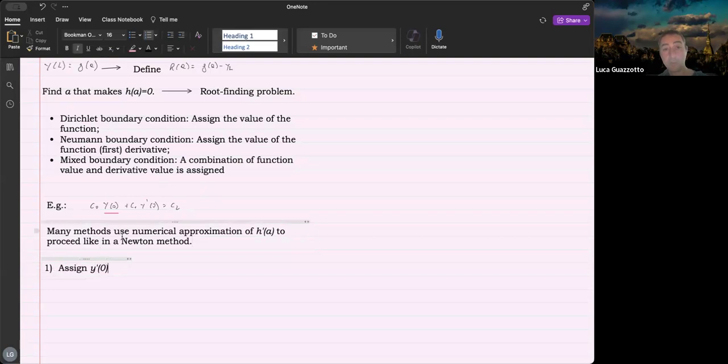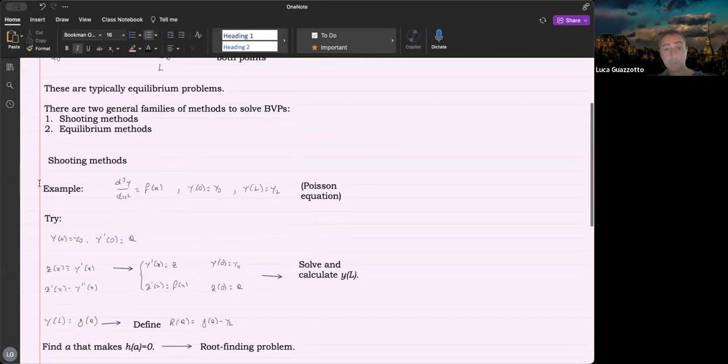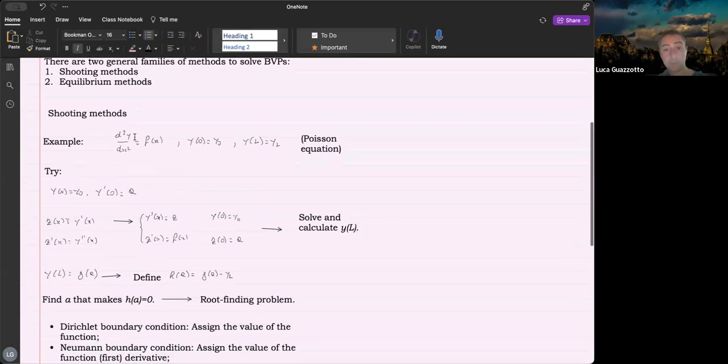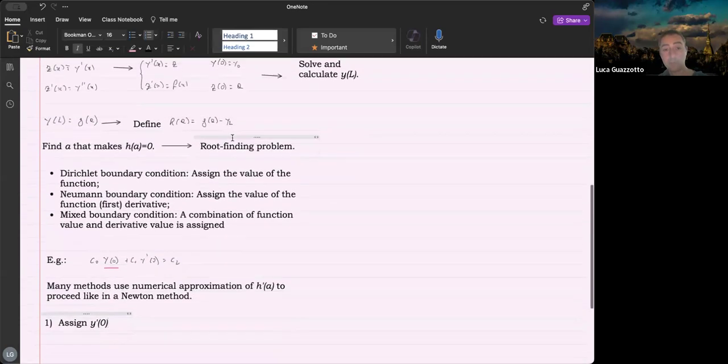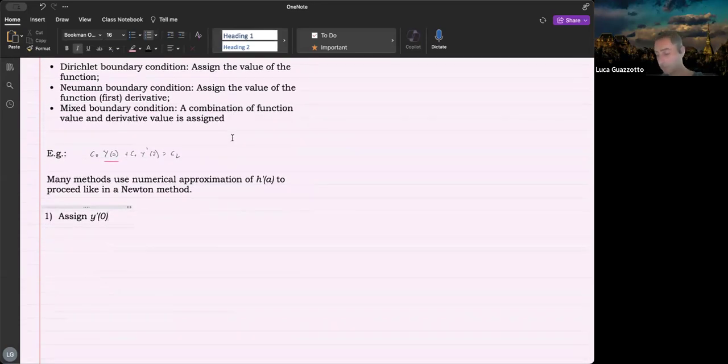I'm again thinking of the problem we started from. This is what I'm solving. And these are the boundary conditions. And you can easily figure out what to do in the case the boundary condition, on one side or the other, is not a simple Dirichlet boundary condition. Okay. So oops, not 0. This A.